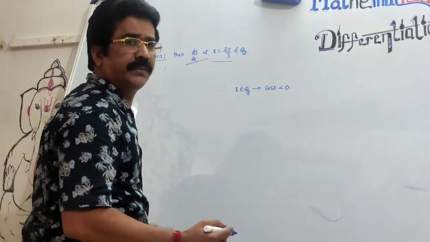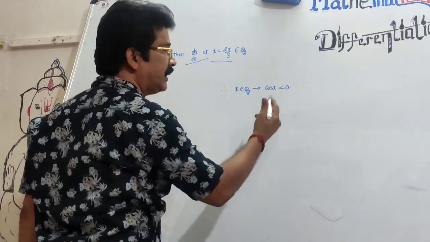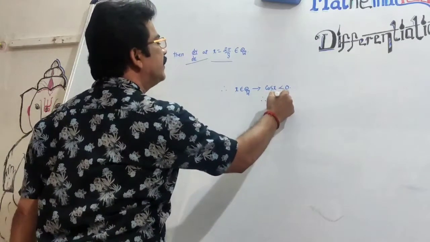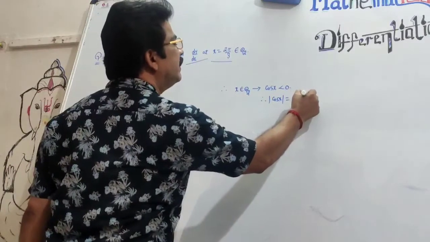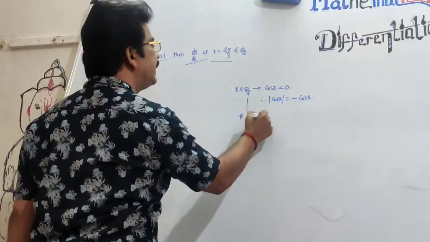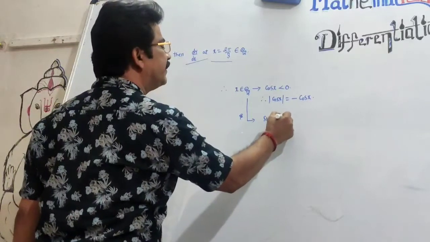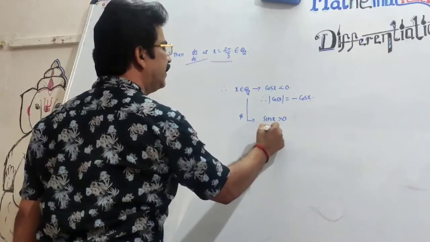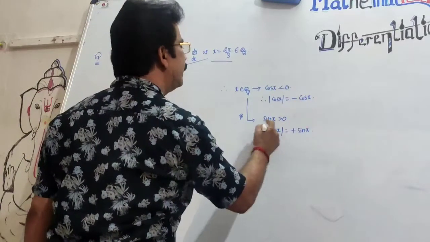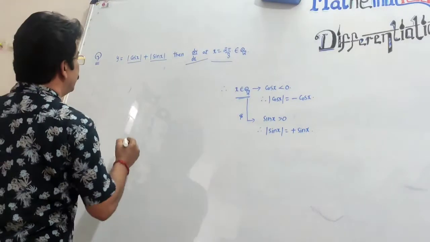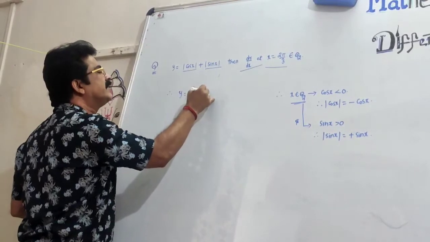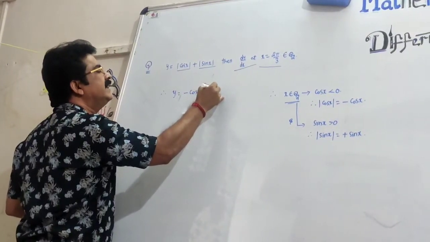According to the quadrants, cos x is negative, so modulus of cos x is minus cos x. And similarly in this quadrant sin x is positive, therefore modulus of sin x equals plus sin x, because x is in the second quadrant. So y equals minus cos x plus sin x.